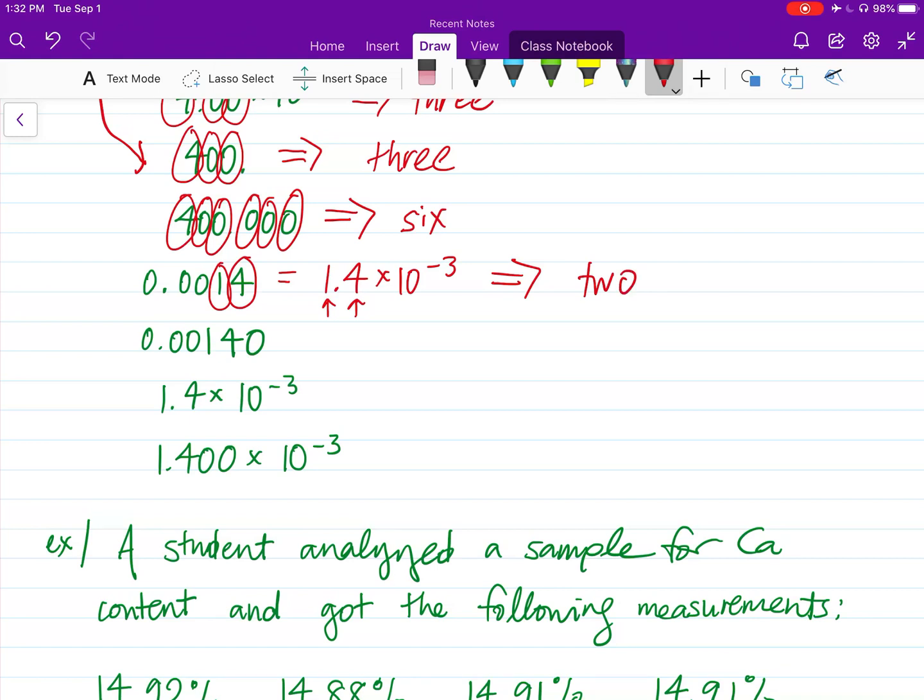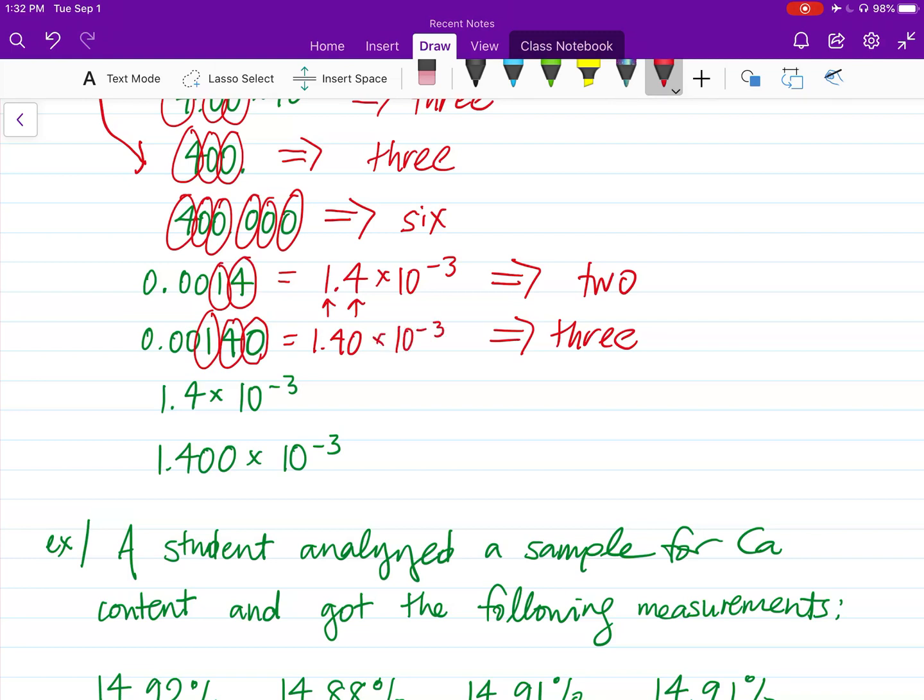By contrast, this trailing zero here, because of the decimal point, it is significant. So in this number, we have three significant figures. And if we converted it into scientific notation, we would have to keep that 0, 1.40 times 10 to the minus 3.